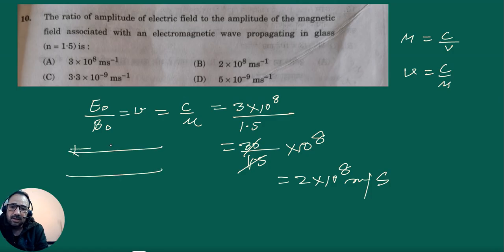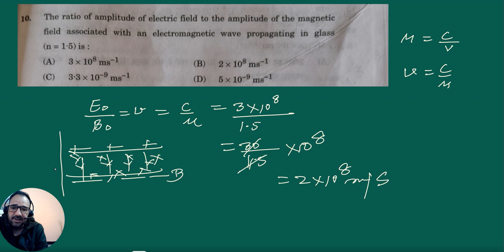When you have a uniform electric field, 2 plates I am taking, this is uniform electric field from positive to negative. If you have uniform magnetic field as well, when charged particle enters, it will be undeviated. Undeviated means electric force between the plates becomes equivalent to magnetic force between the plates.